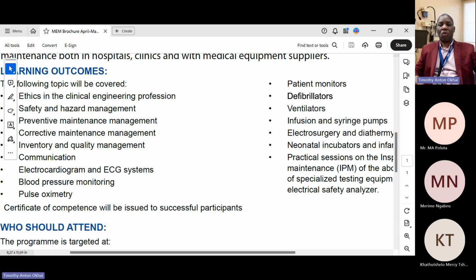So if one does this course, which of the topics that we mentioned last week and are mentioning today would be a natural progression from here onwards? I know, for instance, that preventive maintenance in the MEM is just the basics.